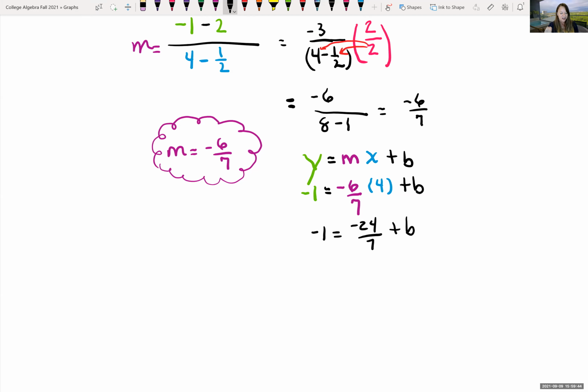Let's think of -1 having the same denominator as that -24/7, because we're going to add 24/7 to both sides. So this -1 could be written as -7/7, plus we're going to add 24/7 to both sides to get what b is. Well, 24 minus 7, that is 17/7.